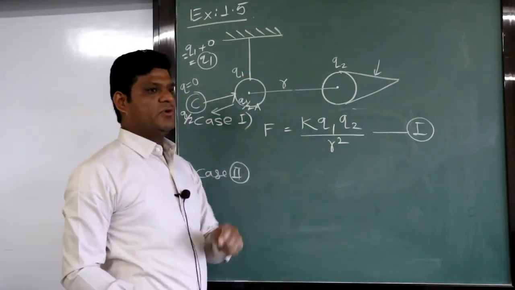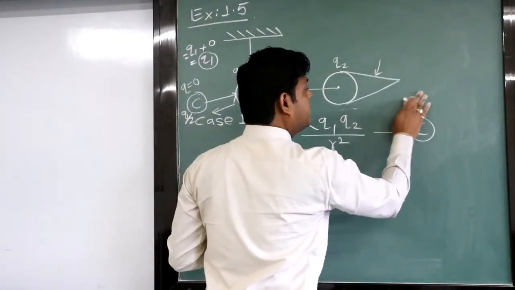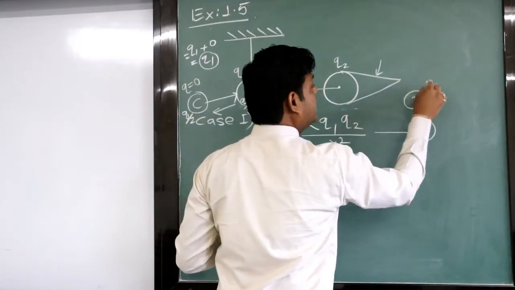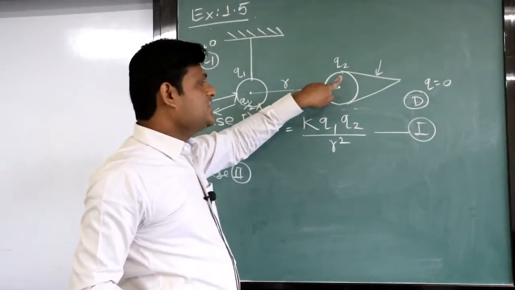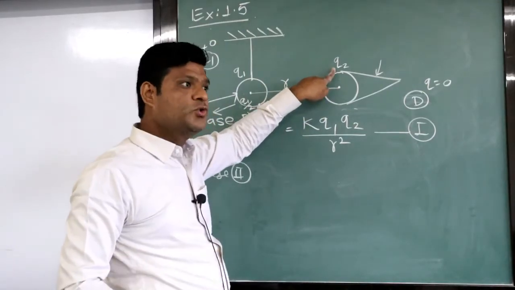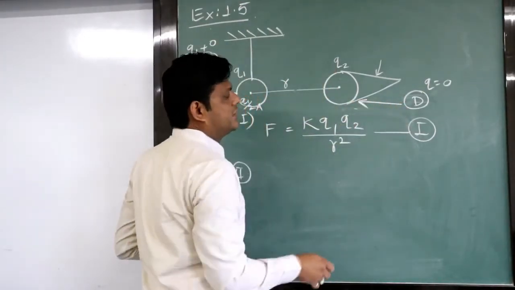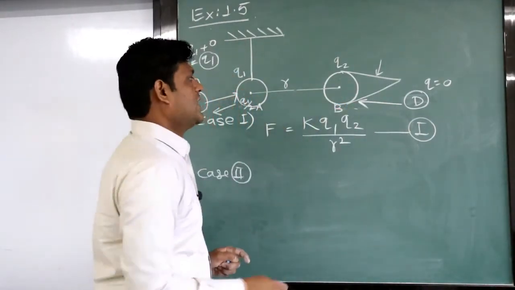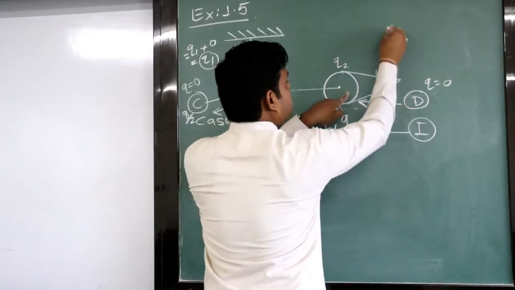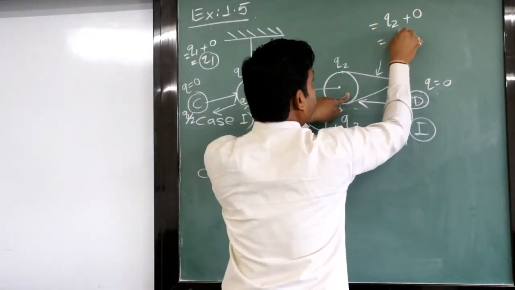See what has happened over here. We are having another sphere D suppose, and this D sphere has charge equal to 0. This sphere has charge Q2. If we bring the D sphere closer to the B sphere, what will happen? The system has charge, what becomes? Q2 plus 0 becomes Q2.